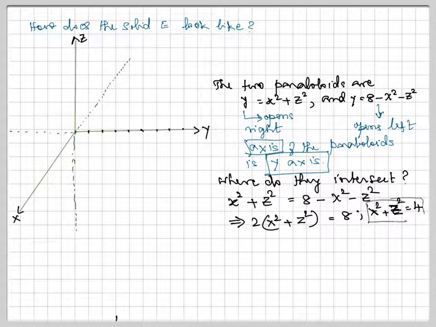So they meet along a circle with center at the origin and radius 2. If you plug it in, you get y equal to 4. So they meet along the circle x square plus z square equal to 4, center at the origin and radius 2, on the plane y equal to 4.